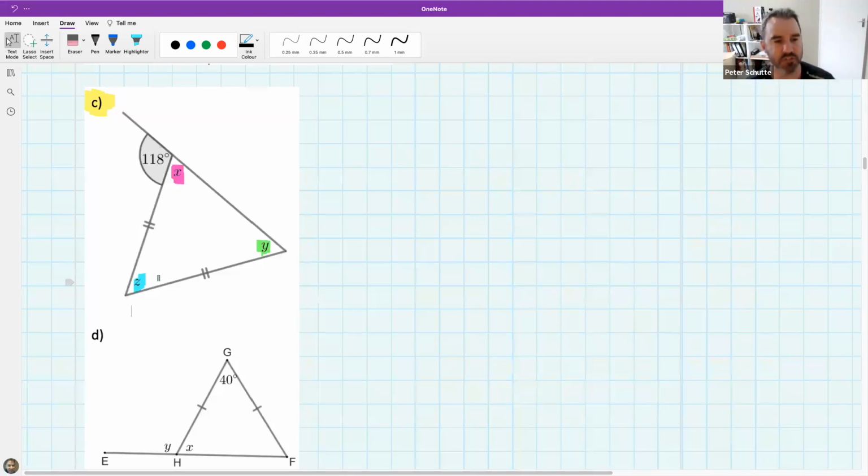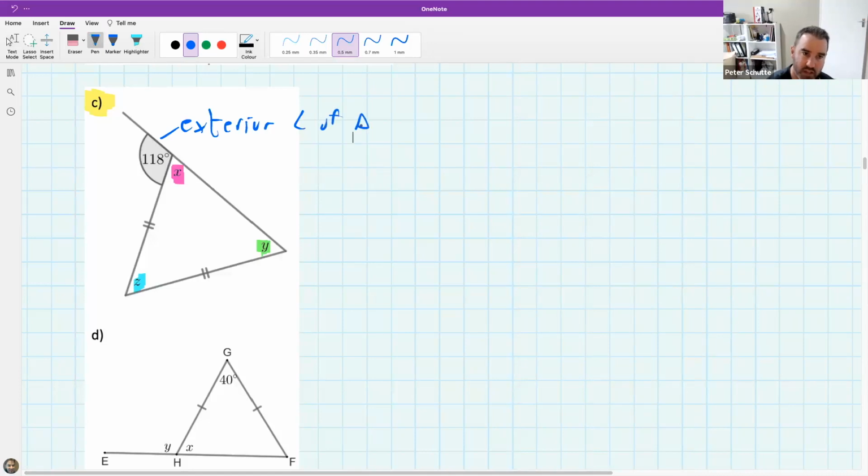See if you can find me those three values. Notice how there's an angle on the outside of the triangle. We call this the exterior angle of a triangle. So that's the exterior angle of the triangle. And it also looks like it's on a straight line.